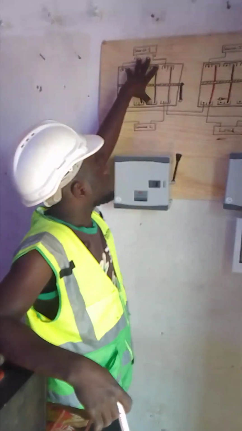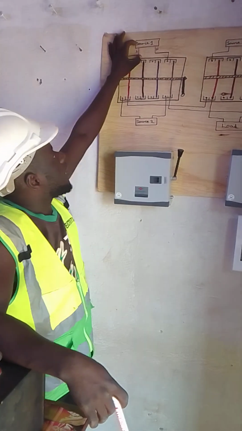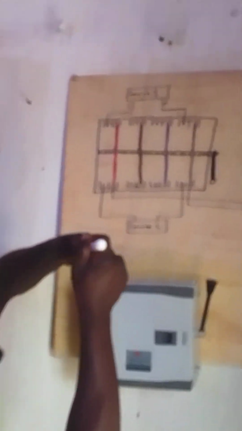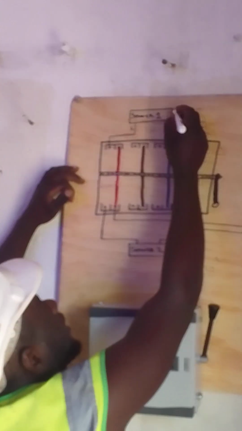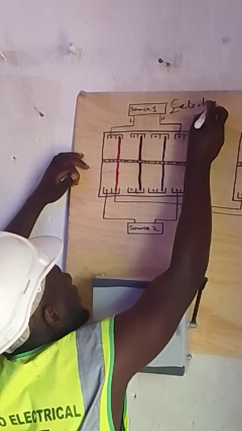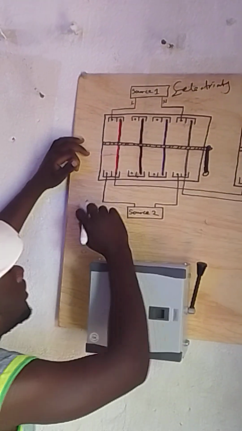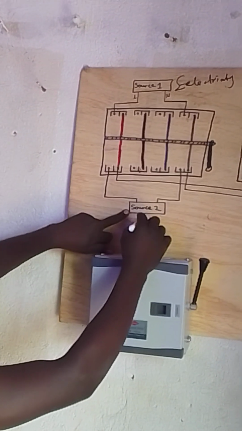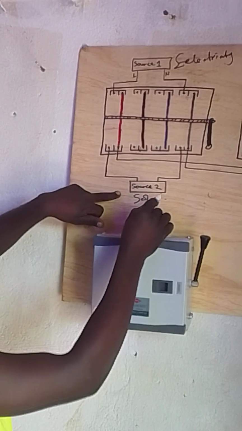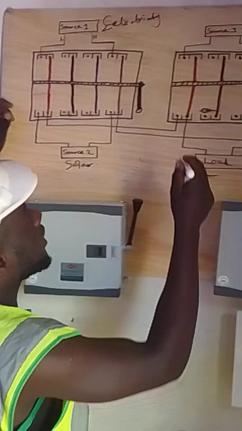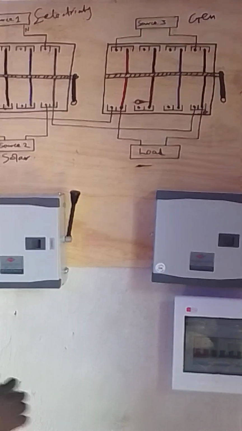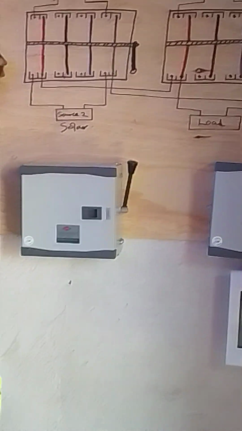So from here we have our source 1. This source 1 can be your electricity. Source 2 can be your solar system. Then source 3 can be your generator. Then this one is your load.